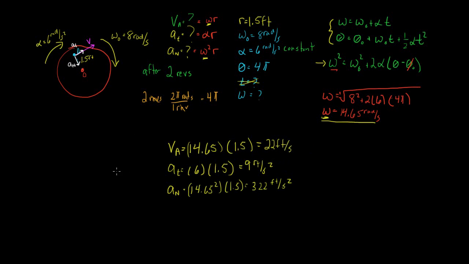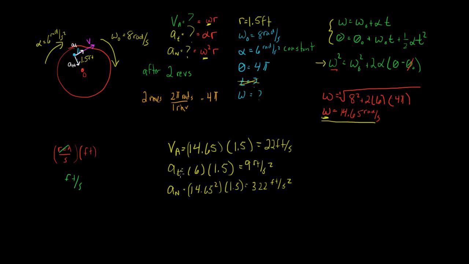So how do we get feet per second? Well, we have radians per second times a feet, and radians is a dimensionless number. So when we multiply something by radians, the radians just cancel out, and we just get feet per second.